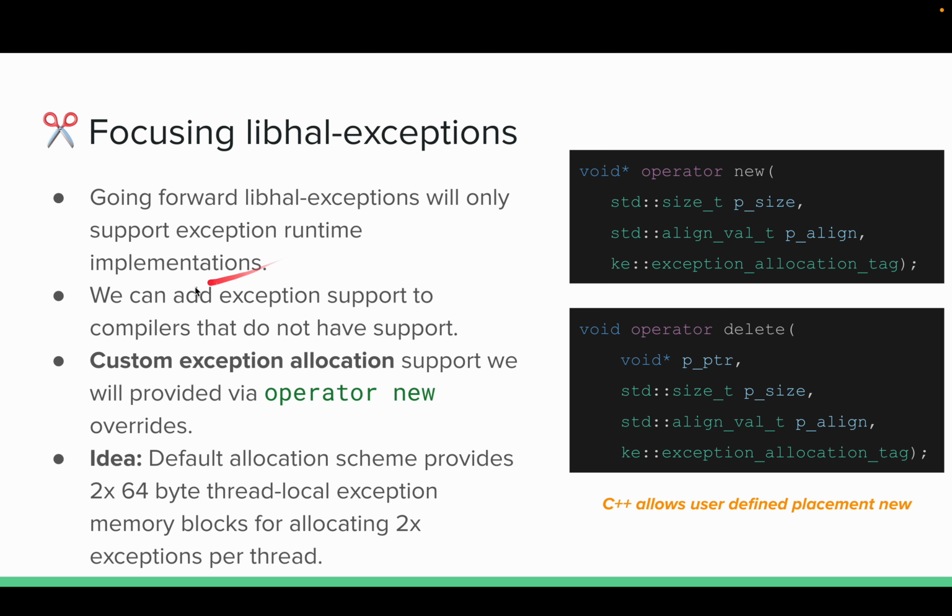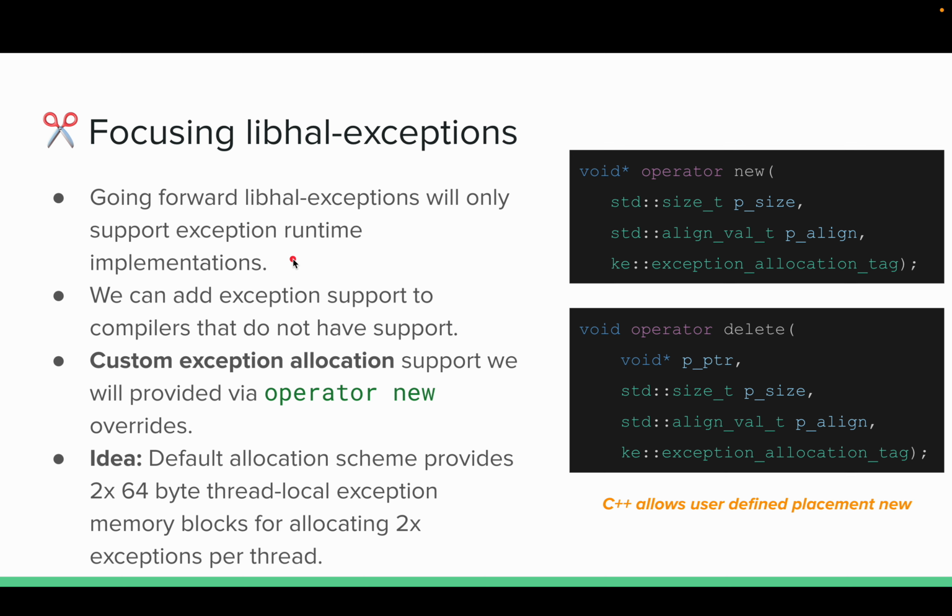All right, so we can add support to compilers that do not have support. One thing about this is that the idea here is that when you bring in libhal-exceptions, it replaces your exception runtime. And it is not a way to also allow native exceptions to work slightly better for your use case.